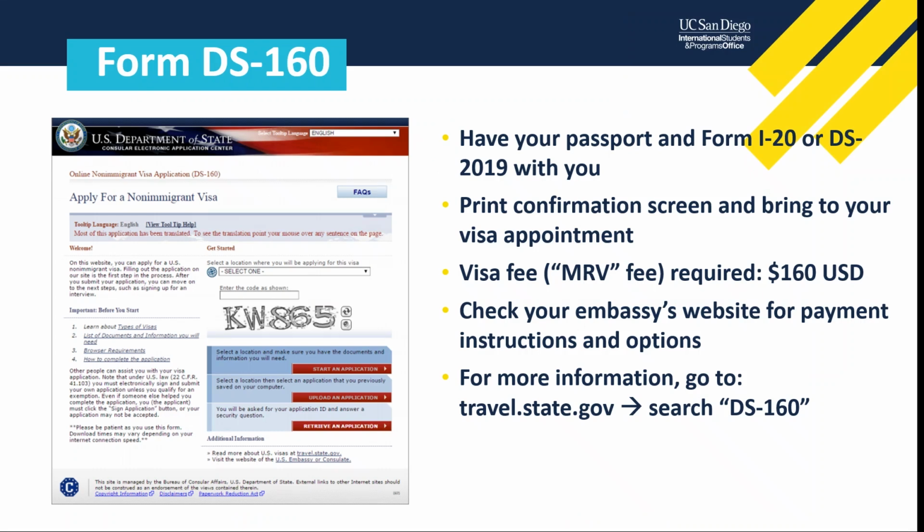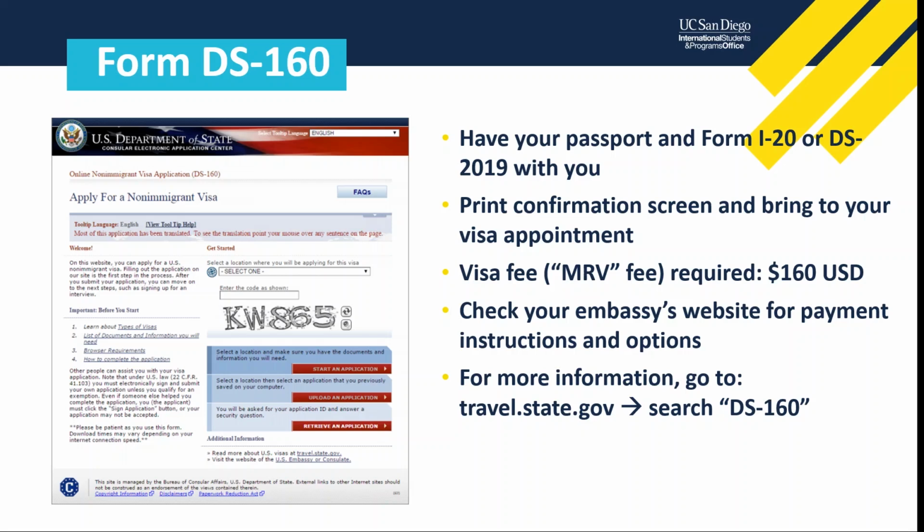The first step all applicants must complete is filling out the Form DS-160, Non-Immigrant Visa Application. Have your passport and Form I-20 or DS-2019 nearby so that you can input or upload required information from these documents. You will be asked to provide the address of the school you are attending, as well as the name of the school contact.